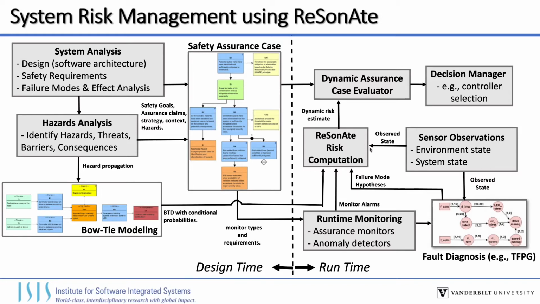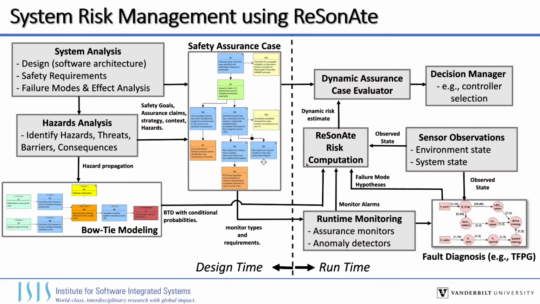Then at runtime, the Resonate risk computations take in the bow tie diagrams along with those estimated conditional probabilities, and take in other information about the system, such as sensor observations about the environment or the system, any hypotheses about particular failure modes that may be present from a suitable fault diagnosis engine, and then any other runtime monitors which may give us an indicator of how the system is doing.